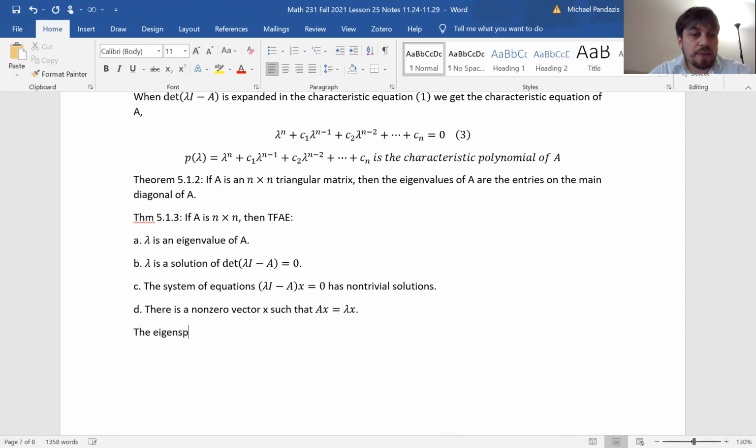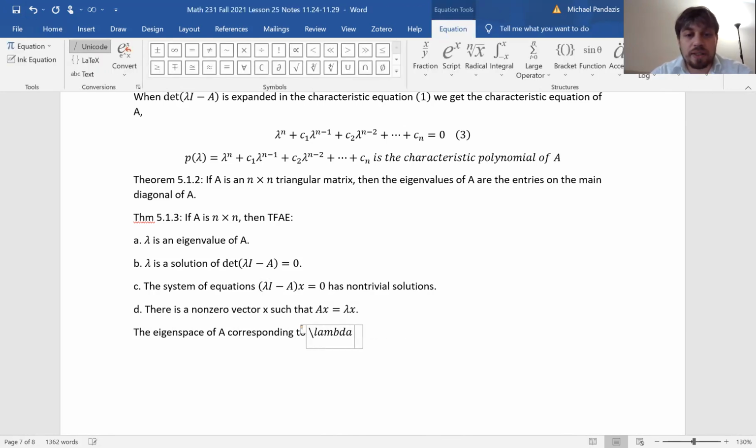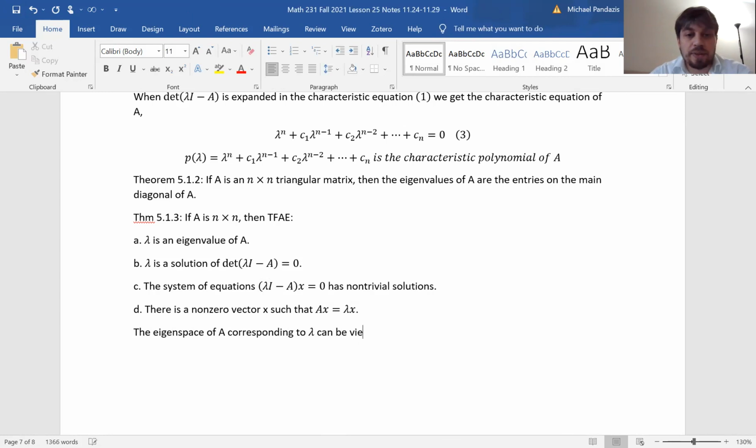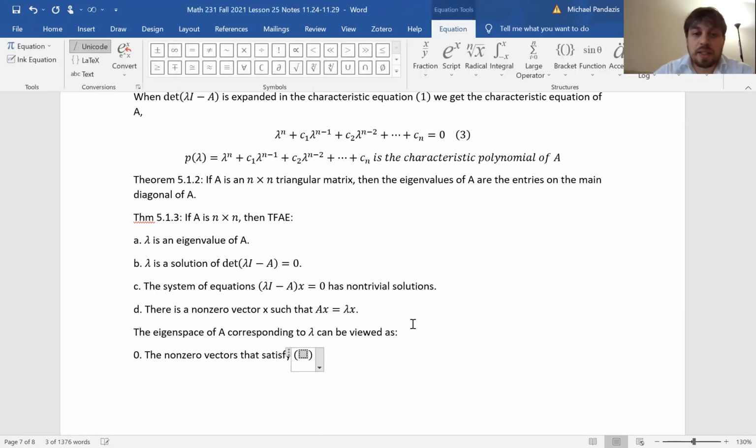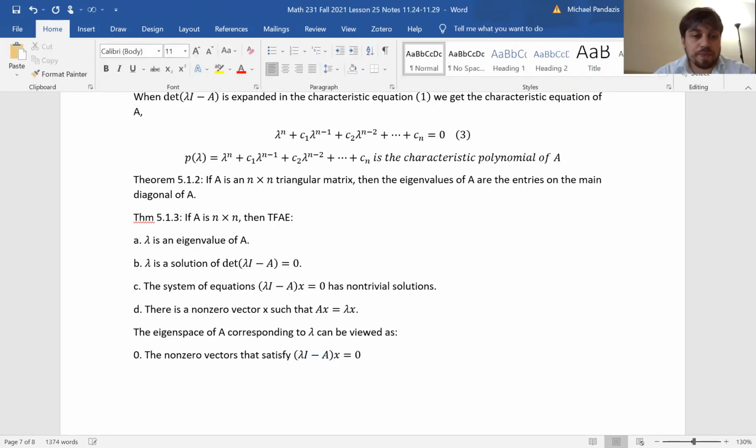The eigenspace of A corresponding to lambda can be viewed in four ways. Way 0 is the non-zero vectors that satisfy lambda I minus A times x equals 0.